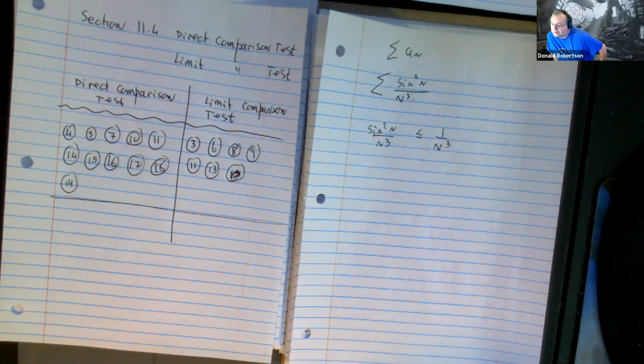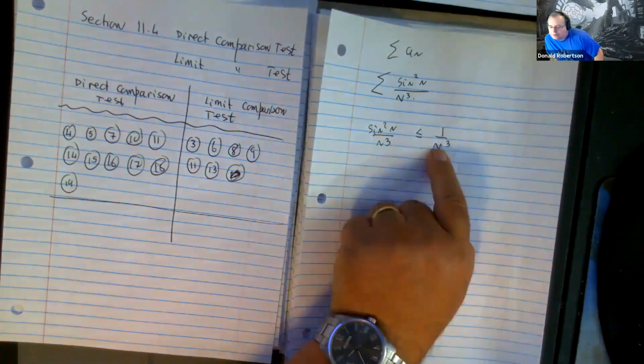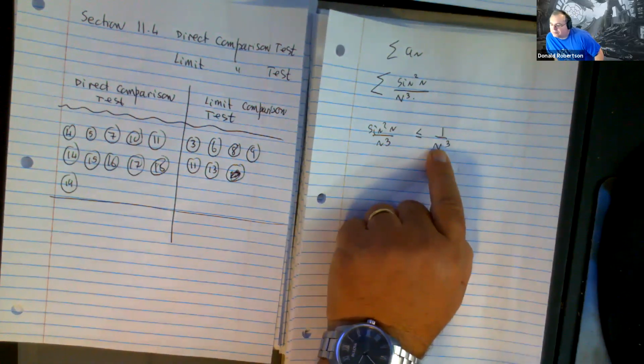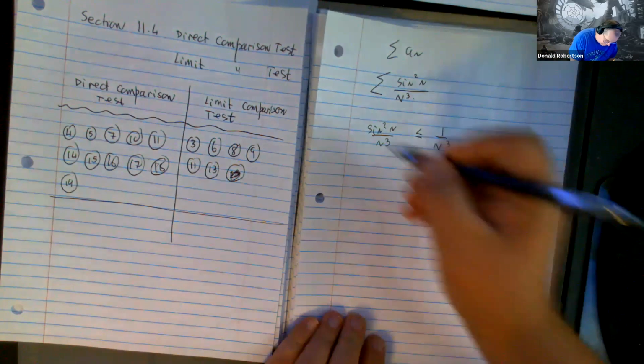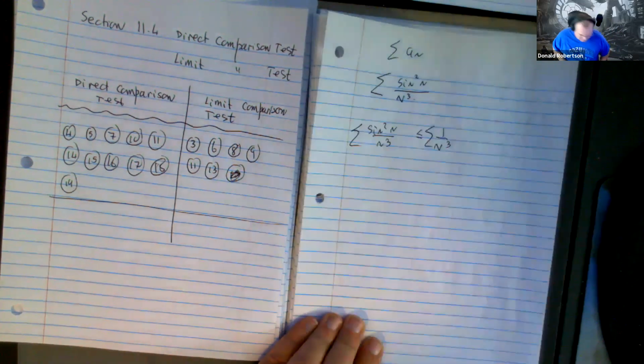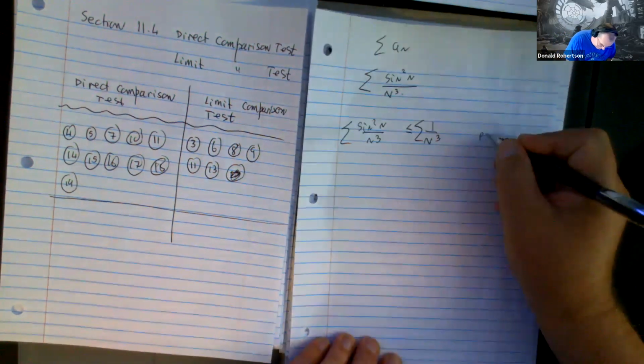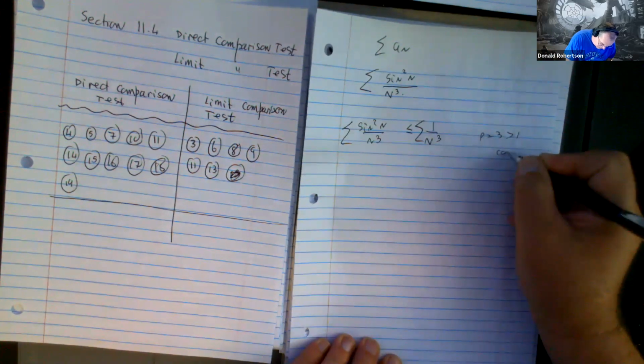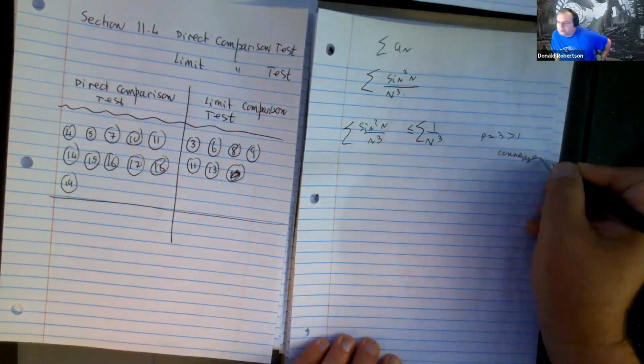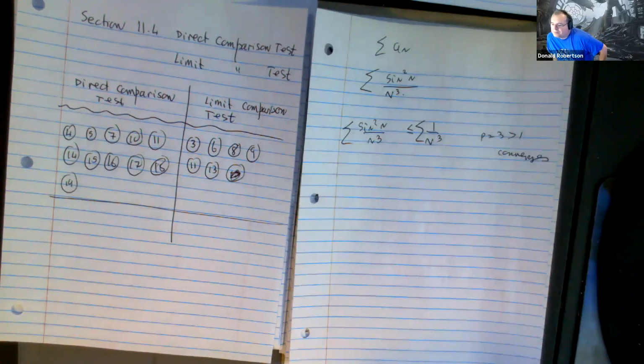Great. Isn't 1 over n cubed a p-series? P-series, 3 greater than 1, it converges. Do you see how easy that one was to do? Sometimes the direct comparison test can be virtually obvious.